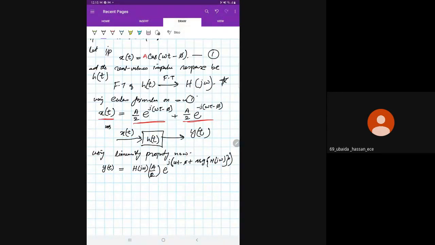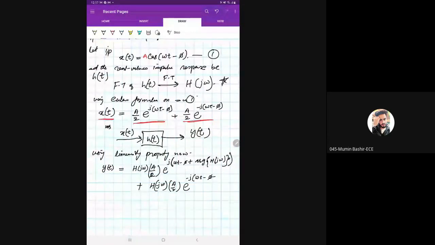What will the second term be? It will be equal to plus A by 2, which is there, but when it is multiplied by the impulse response h of t and we take its transform, it will be H of minus j omega, not H of j omega. So it will be H of minus j omega. Then A by 2 e raised to the power minus j (omega t minus phi).